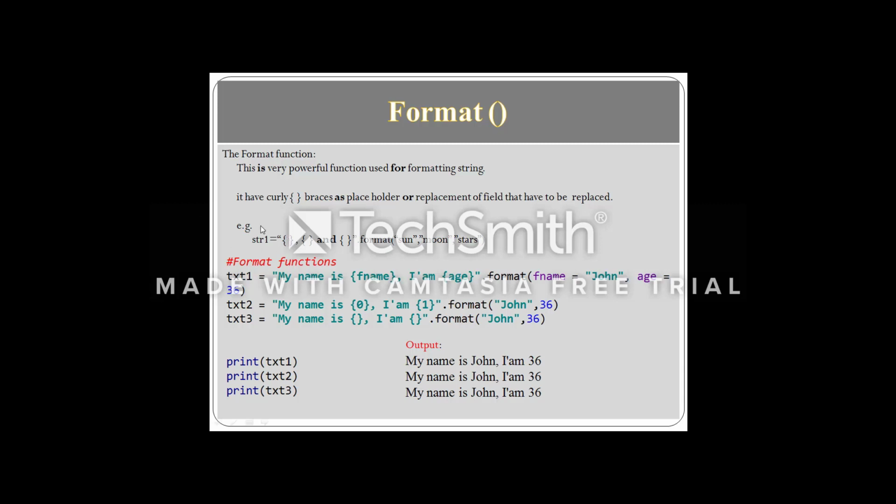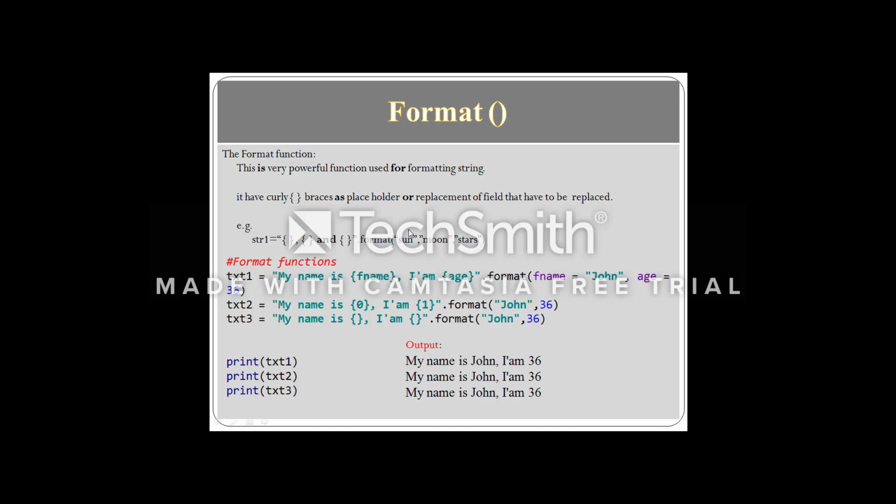For example, here consider string 1. In string 1, we want to print some data with some predefined format. For example, suppose I want to print the word sun, then I want to print moon. After printing sun, the last element I want to print is stars.